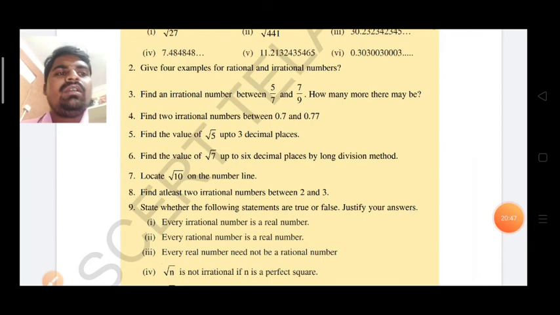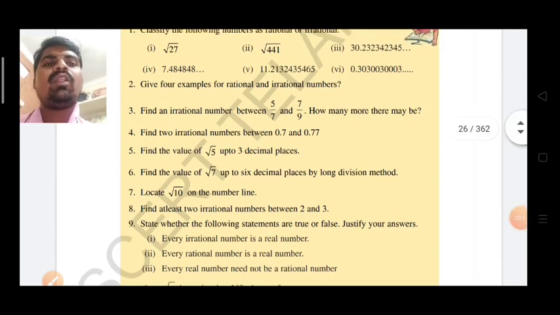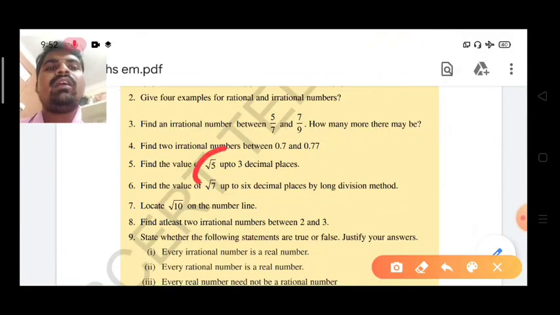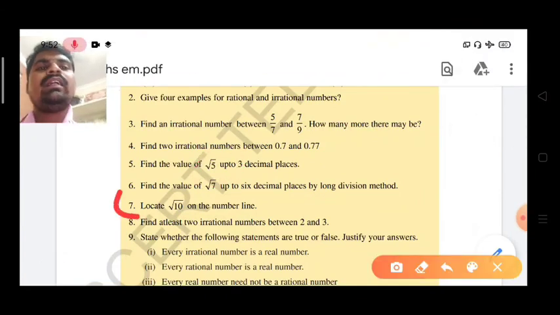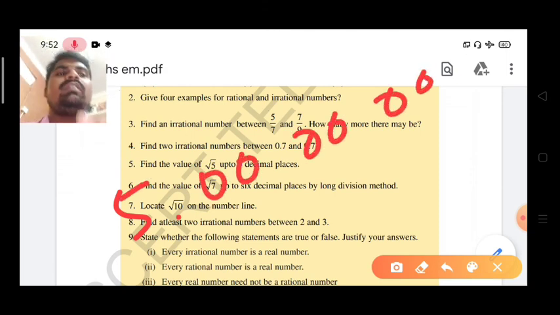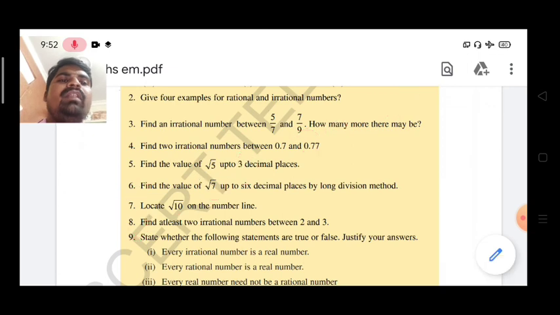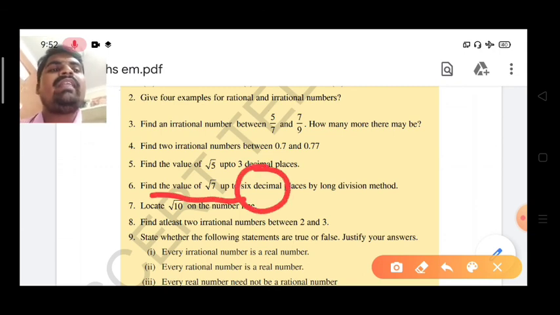So first of all, you observe here in exercise 5th problem, root 5 is there, find up to 3 decimals is asked here. So in that, you know very well, 3 decimals, only 3 pairs you start, you can find the answer, very simple. And at the same time here 6th question, find the value of root 7 up to 6 decimals, is a very lengthy method by using long division method.